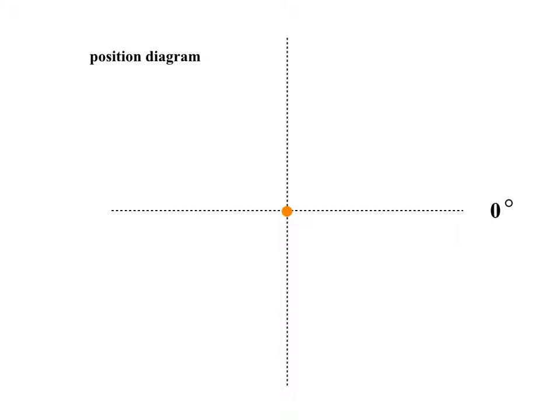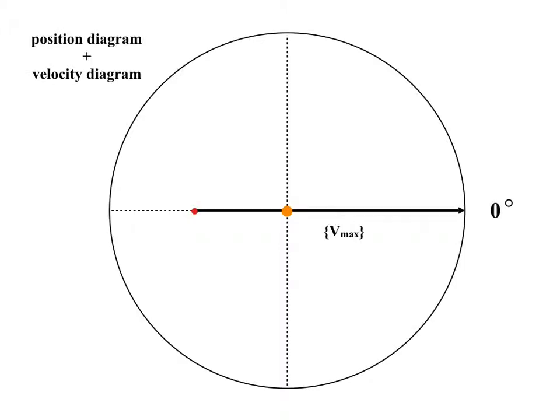Once again, Feynman comes up with a very clever solution. Here is our position diagram once again. And once again, we superimpose our rotated dV circle with Vmax in its new orientation.